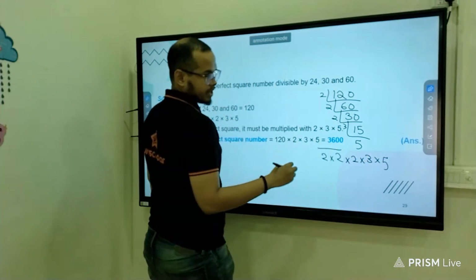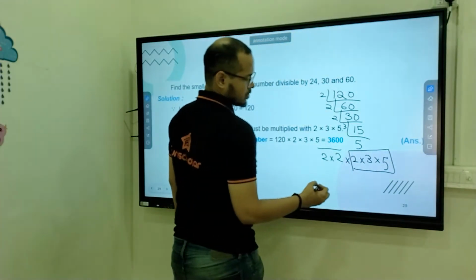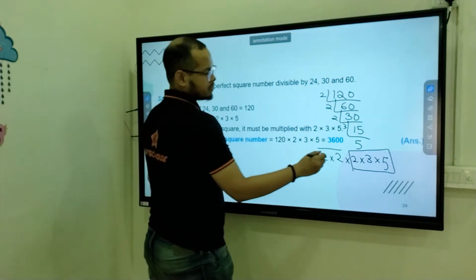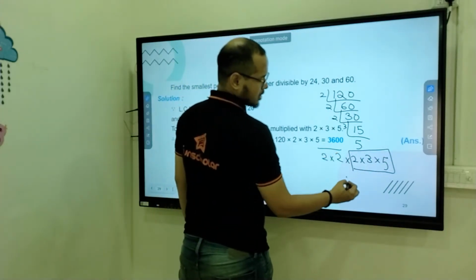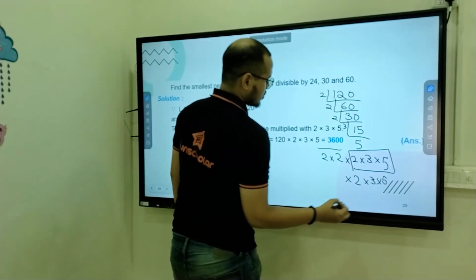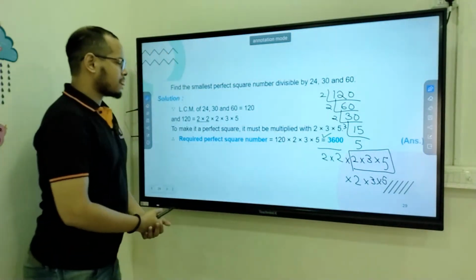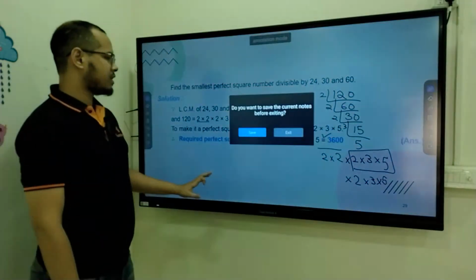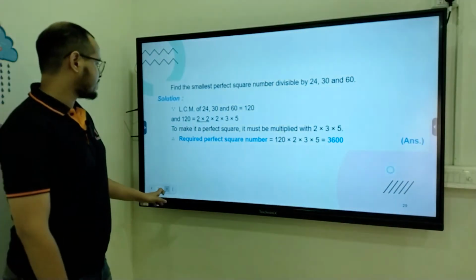So these two make up a pair. So these three numbers are the numbers that are left. In order to make it a square, we have to multiply this entire thing with the same numbers. So 2 into 3 into 5. Thus we get the answer 3600. I think it is very clear now. And this method is also very useful. It is also very neat and tidy.